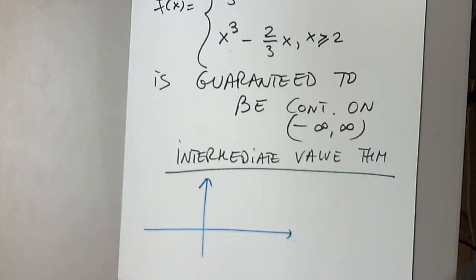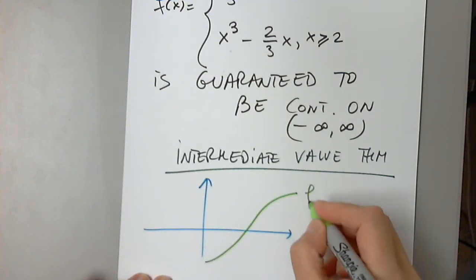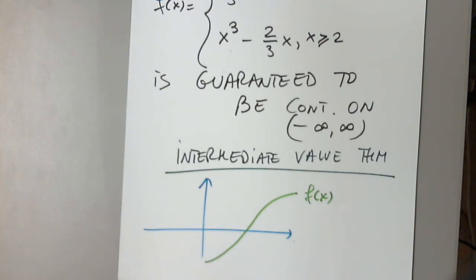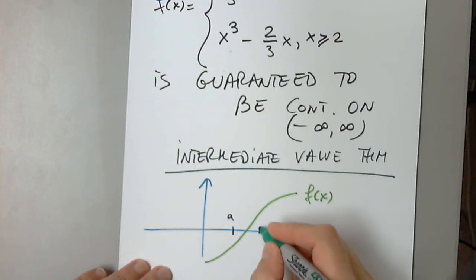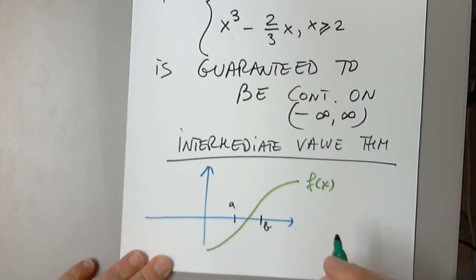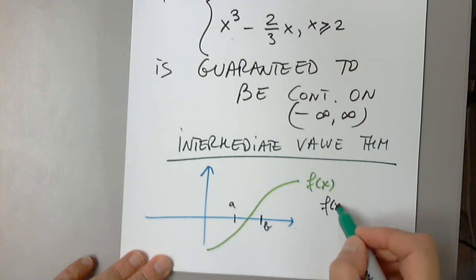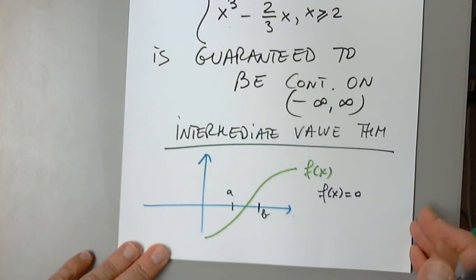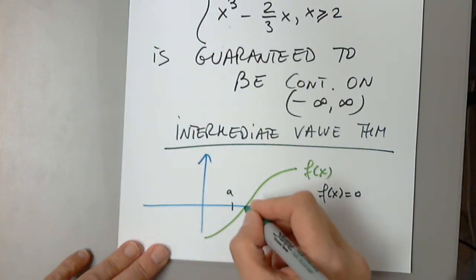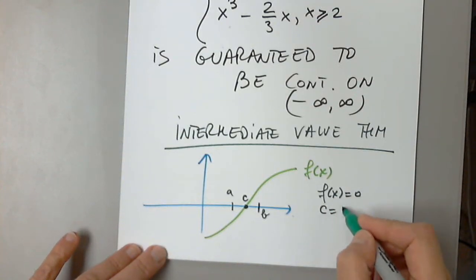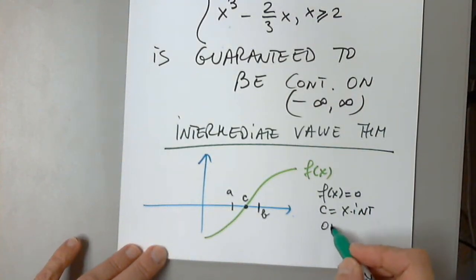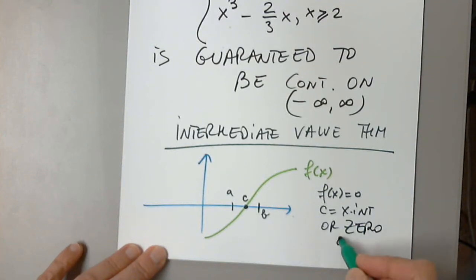Let's assume I have this function, f of x, and I have here a and I have here b. Do you think that f of x equals 0 has solutions or not? Yes. Right here, of course. I'm going to call that C. C is the x-intercept or the 0 of f of x.